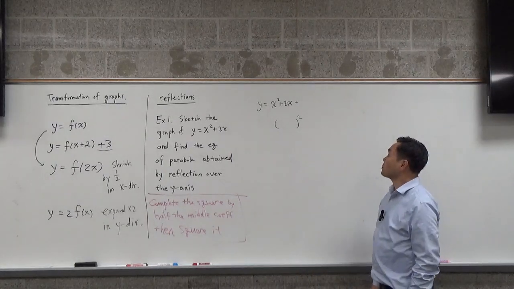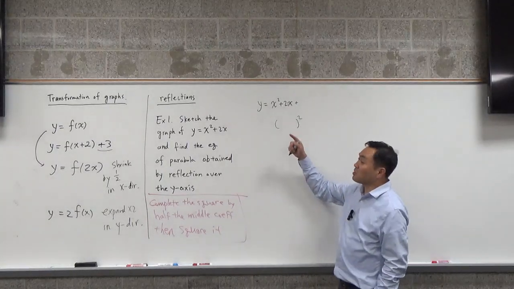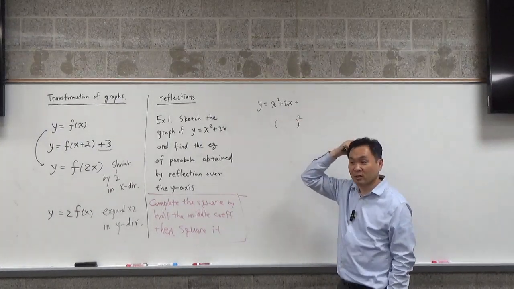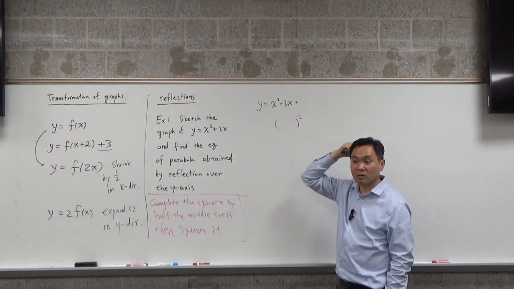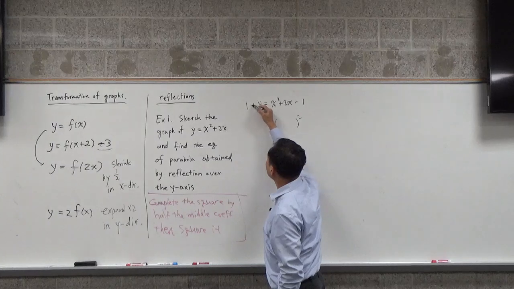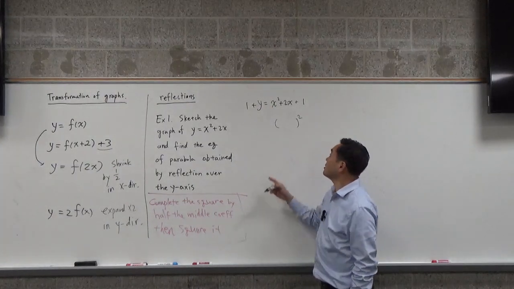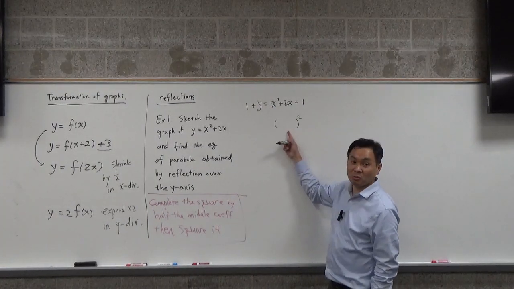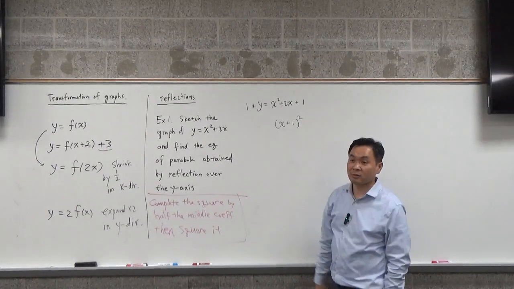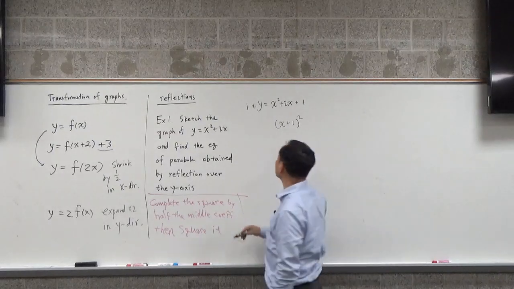So, anyways, what's the middle coefficient? 2, right? Take half. What's that? 1. What's 1 squared? 1. So that's why you add 1 to both sides. And if you do that, then this becomes something squared. What is it? x plus 1 squared. Okay.